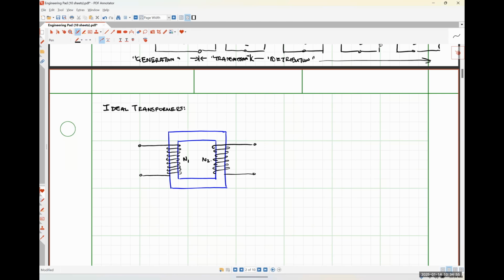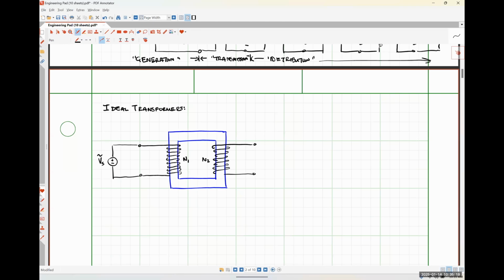So I'm going to label a couple of things here. Let me start by drawing some source. So this is my source voltage, and we're going to be working in the RMS phasor domain so that we're dealing with just RMS voltages and currents and all of that kind of good stuff. So that's my source voltage.